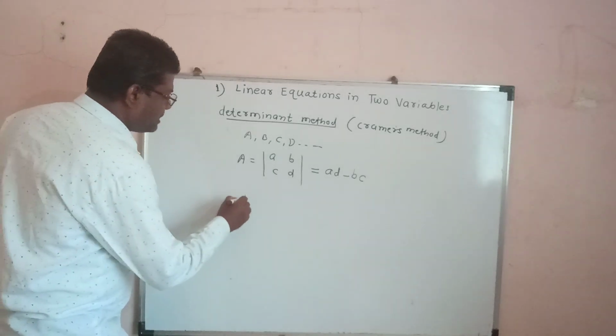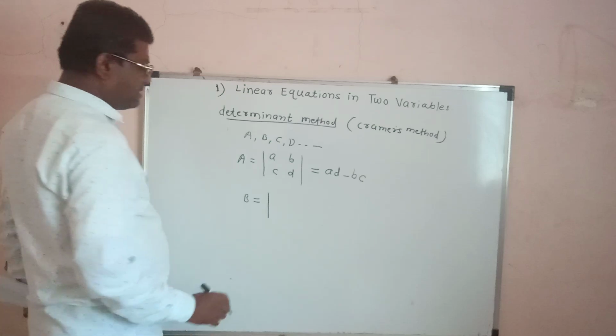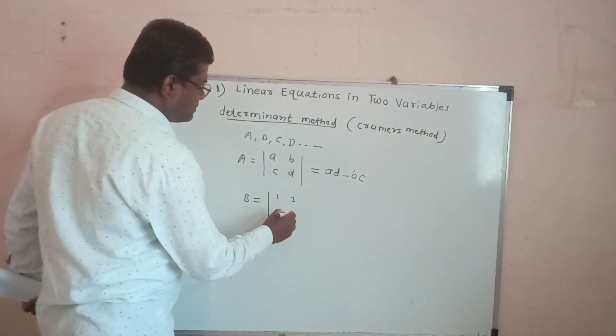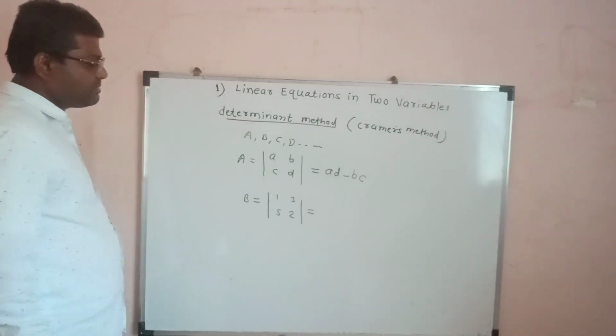For example, we take one more determinant in numbers. Determinant B is equal to 1, 3, 5, 2. How to solve this determinant?